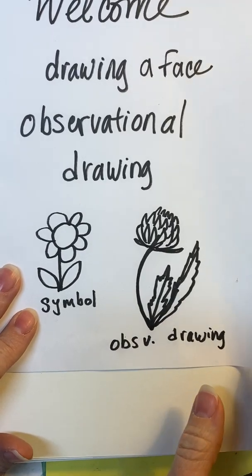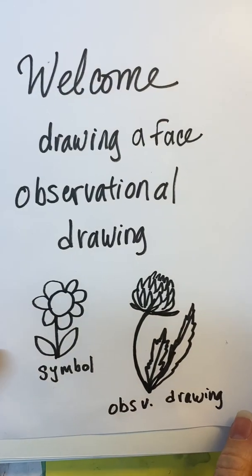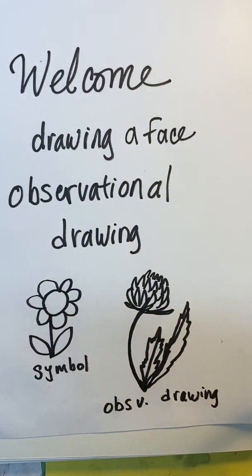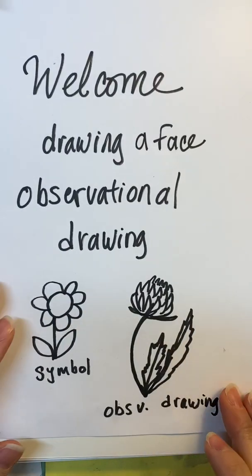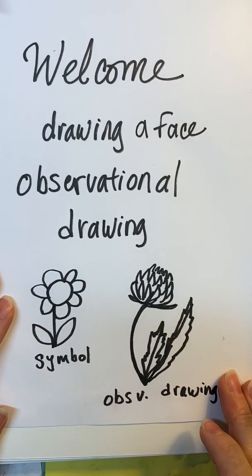And you may say, well, I'm not really going to be an artist and I'm not really interested in art. But this exercise is a good exercise for your brain, because when you learn how to slow down and take very careful observations with your eyes, it's a skill that you will use for a lot of things, not just art.